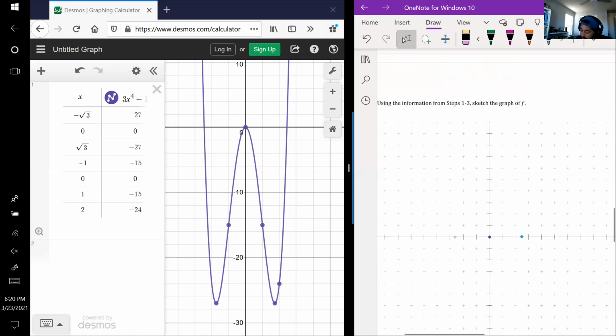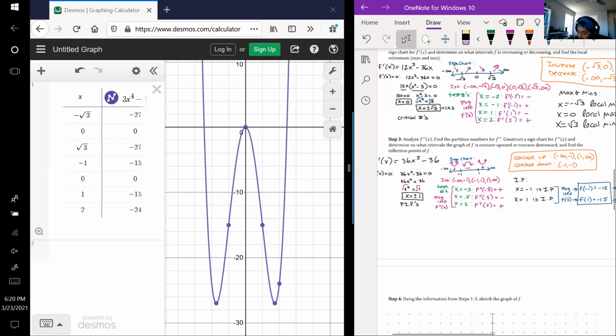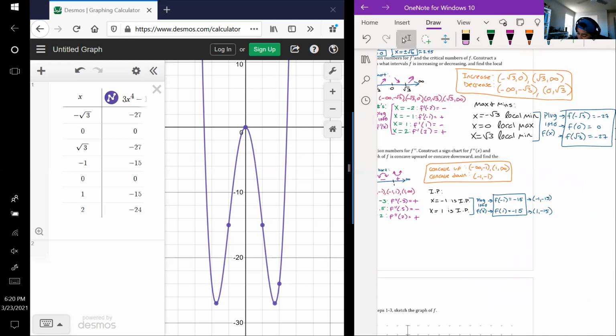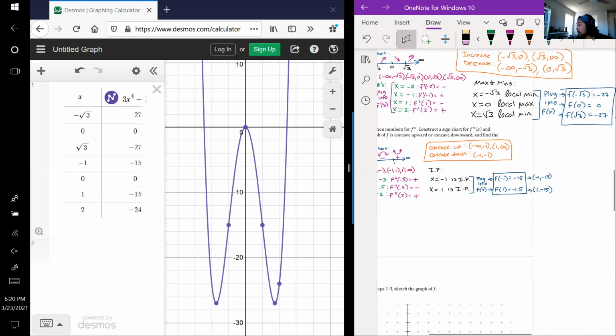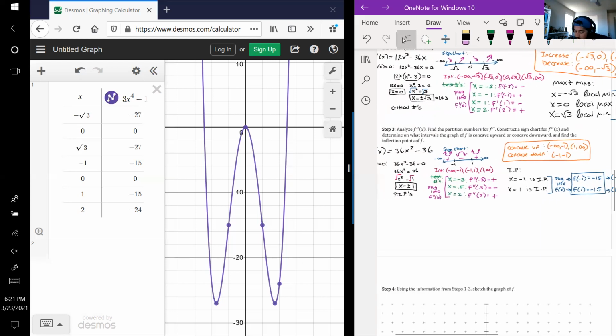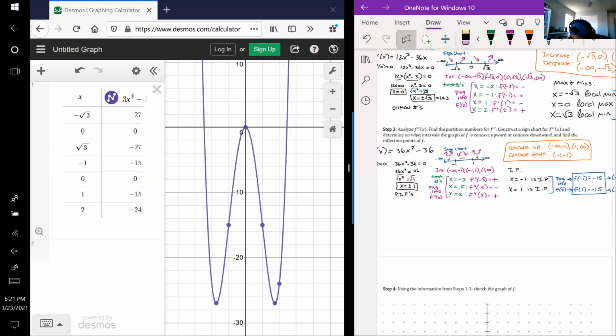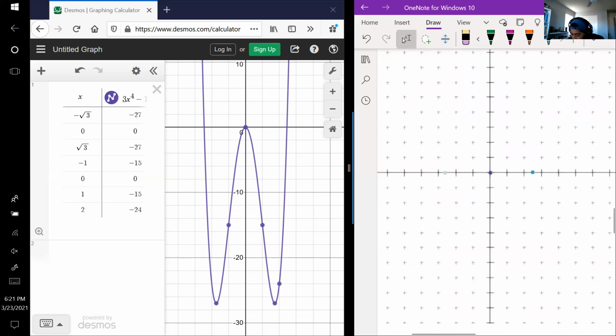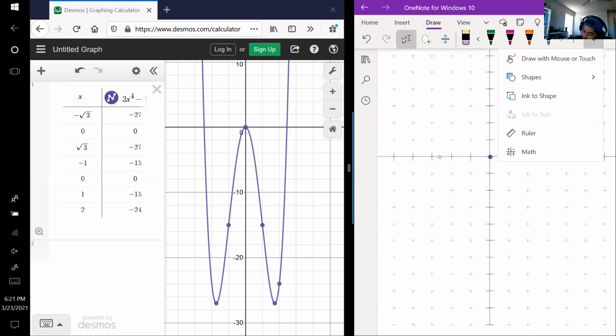Now we're going to plot our maximums and minimums: (-√3, -27), (0, 0), which is plotted already, and (√3, -27). So -√3 is -1.73. I have to make my intervals appropriate.